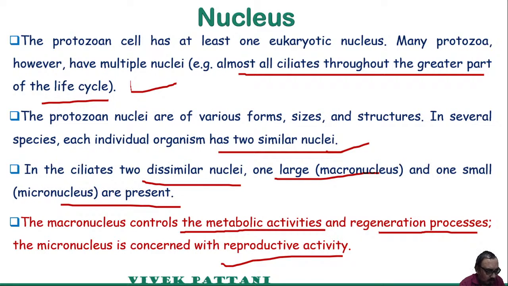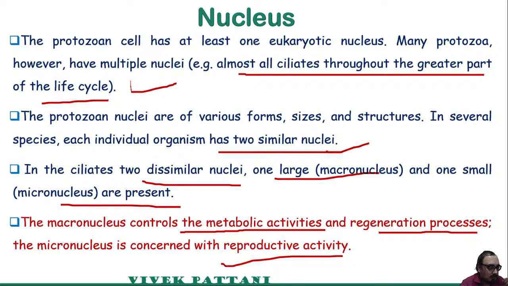The macronucleus is involved in metabolic activities, and is also considered the somatic or vegetative nucleus performing general metabolic activities. The macronucleus also shows variation in its form and structure. It is generally compact, and may be spherical or ellipsoidal in most cases.